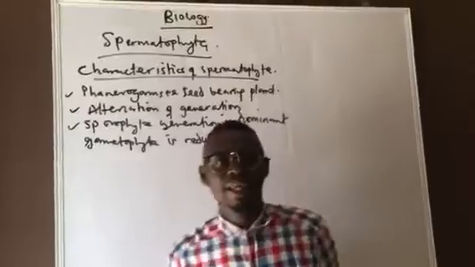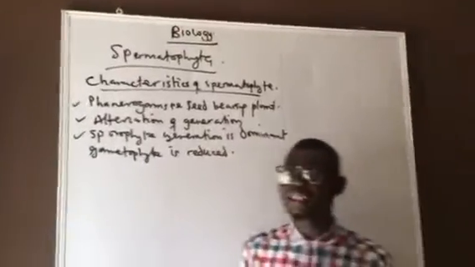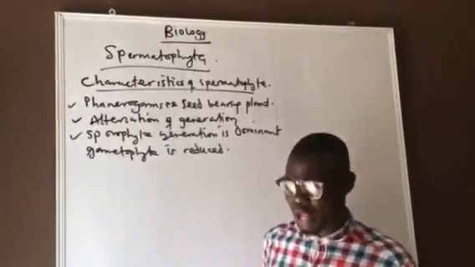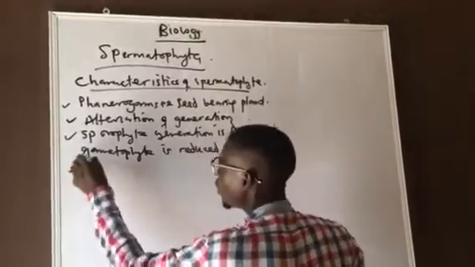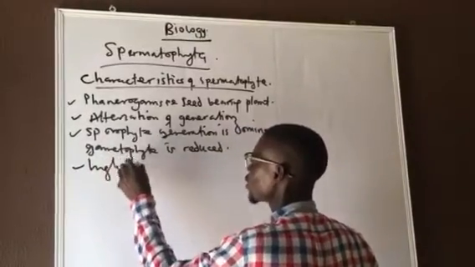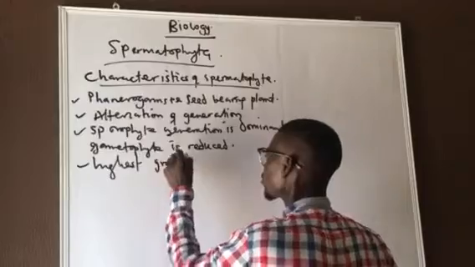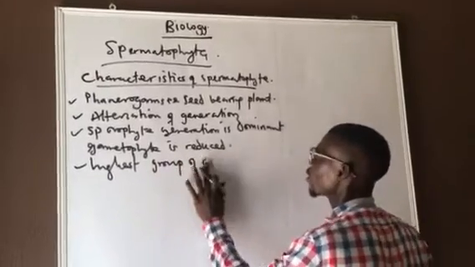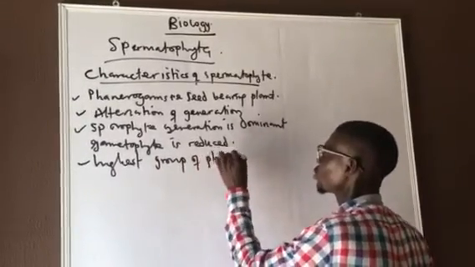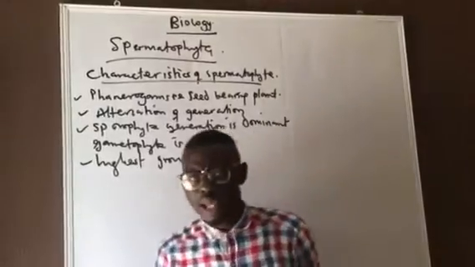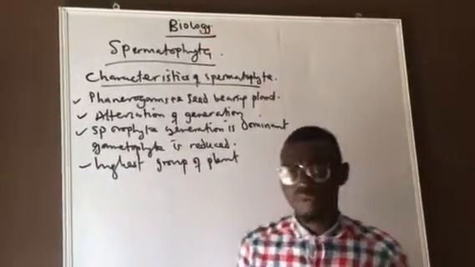So this group are the highest in plant evolution. They are the highest group of plants in the plant kingdom, in terms of specialization and evolution. They are the highest group of plants, the spermatophytes.